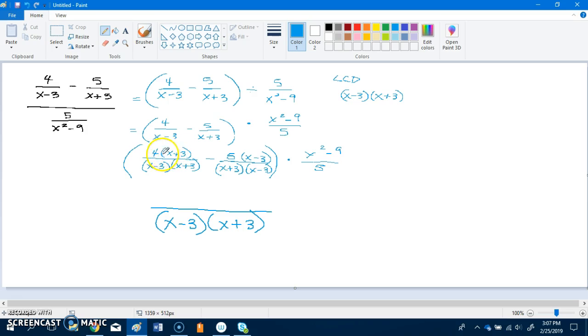On the top, I'm going to have 4 times x is 4x. 4 times positive 3 is positive 12. Then minus 5 times x gives me minus 5x, and minus 5 times minus 3 gives me positive 15. So I've combined the numerator over my lowest common denominator.